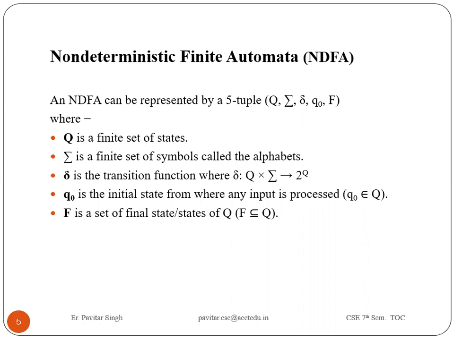In case of DFA, your delta is Q into sigma goes to Q, right? But in case of NDFA, this delta becomes Q into sigma goes to 2 raised to power Q. This is the difference between DFA and NDFA.